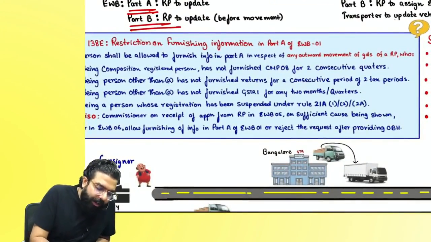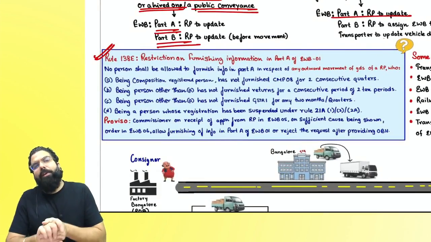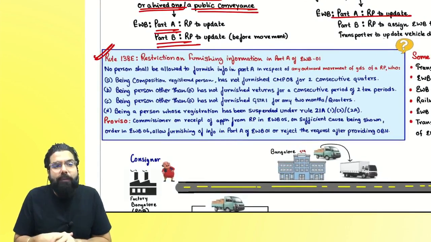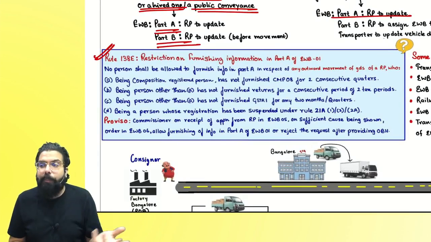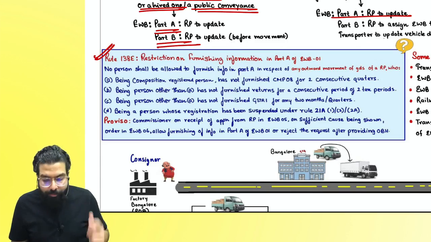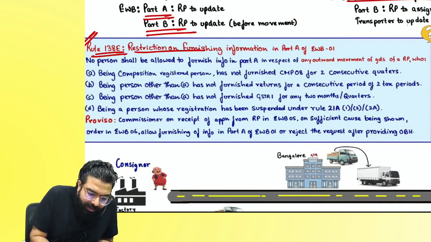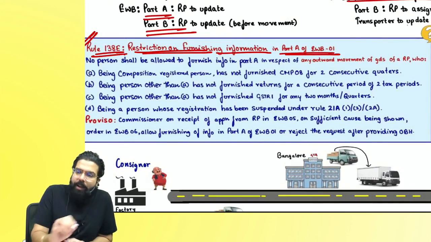Sir, the government told in Rule 138E that the e-way bill portal will not allow you to generate an e-way bill with respect to your outward supply if you have done some contraventions which are told in Rule 138E. Rule 138E says restriction on person furnishing information in Part A of EWB 01.